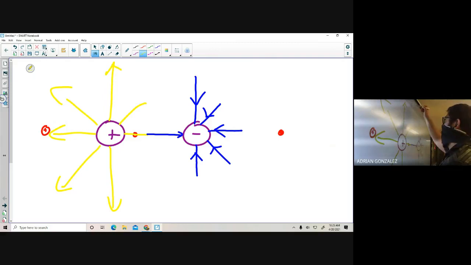And what you would end up with is that. Same thing here. Like that. So this is the field that you would end up with if you had oppositely charged point charges.